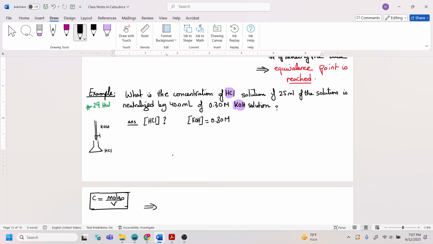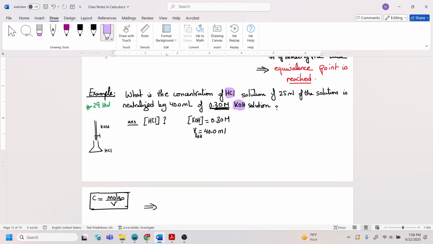Okay, so the base has a certain concentration. Volume of the base. See, I've used that much volume of the base to neutralize the acid. So I already know the volume of the base that I used, so that number of moles of the acid are equal to moles of the base. This is the equivalence point. So the volume of the base, this is the volume of KOH, that is equal to 40.0 milliliter.